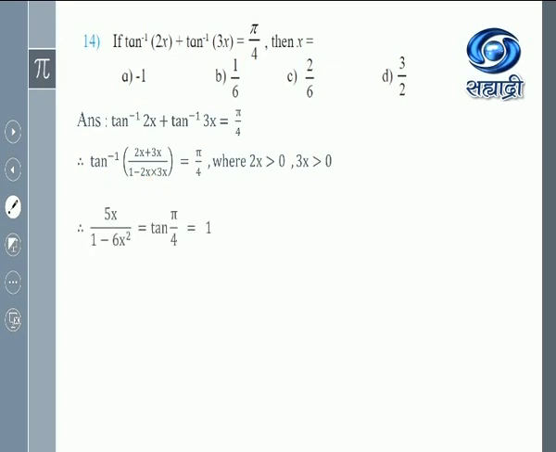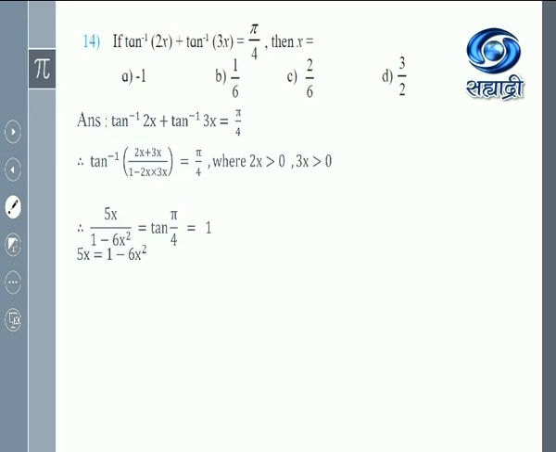Then simplify, addition of 2x plus 3x gives 5x, upon 1 minus 2 3s are 6x square, is equal to, by definition, tan pi by 4, which is equal to 1. You know the value, tan pi by 4 is equal to 1. Okay. Now we cross multiply.